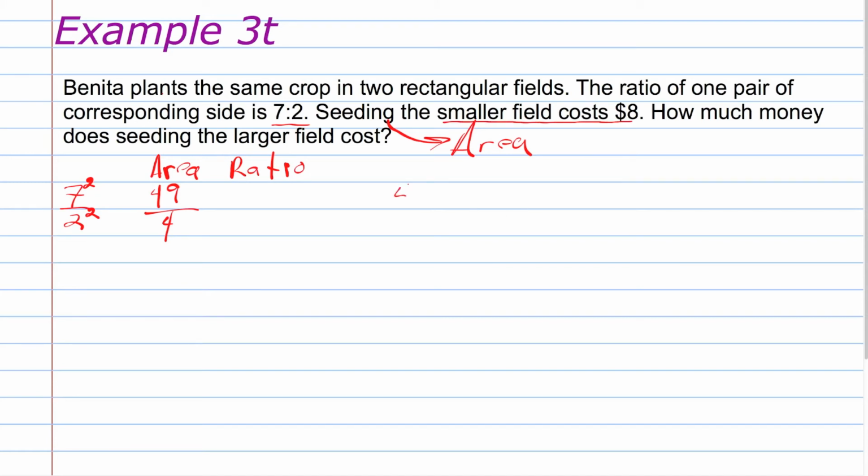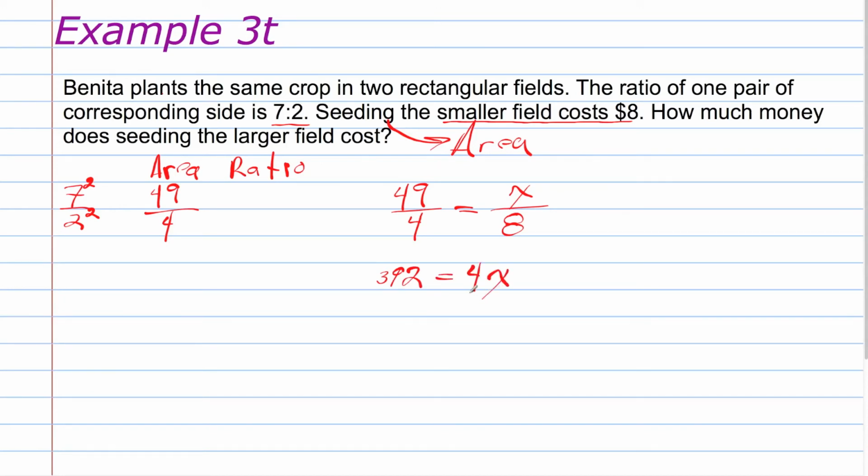So when we set up a proportion here, 49 over 4, the other half of our proportion is going to be the cost. The cost of the larger field over the cost of the smaller field. And we put the cost, $8, in the denominator, and we can put an x in the numerator. Then we solve this by using cross products. 8 times 49. Well, 8 times 49 is 392. 4 times x is 4x.